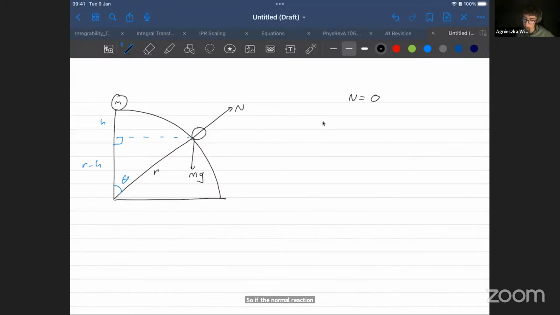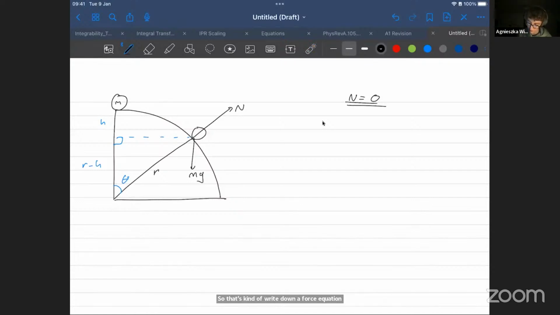You can consider it as the marble pushing against the sphere less and less until it doesn't push on it at all. So that is the case that we're going to be working with. And the marble is going around the sphere, which, if we draw it in the 2D plane, is going to have some nice circular motion. So let's write down a force equation here.